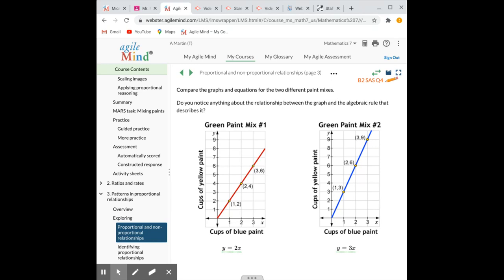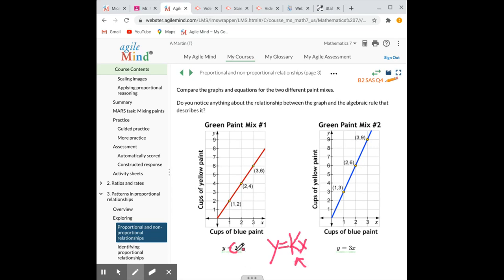No. For number 1, it is what number? 2. And for the number 2 graph, it is what? I think we're getting confused. Good job. Remember, y equals k times x. K is the constant.